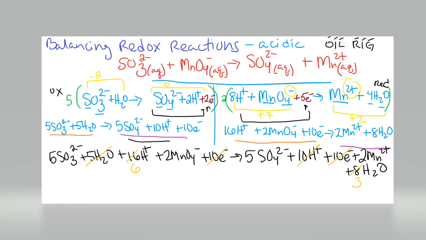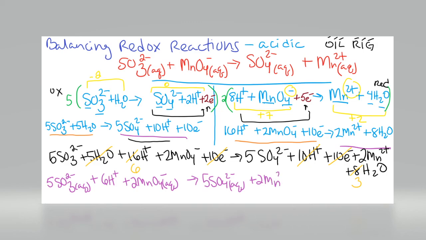And finally we have our final equation: 5 SO3 2- aqueous plus 6 protons plus 2 MnO4- aqueous gives us 5 SO4 2- aqueous plus 2 Mn2+ aqueous plus 3 waters.